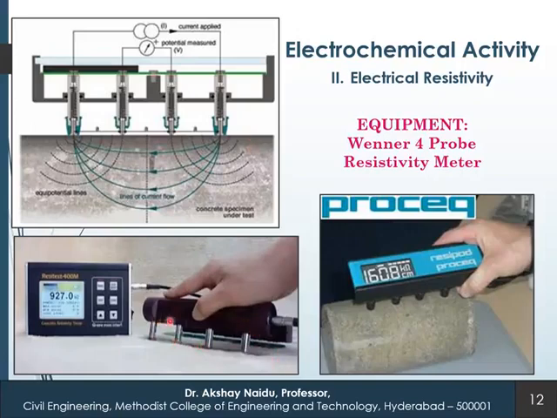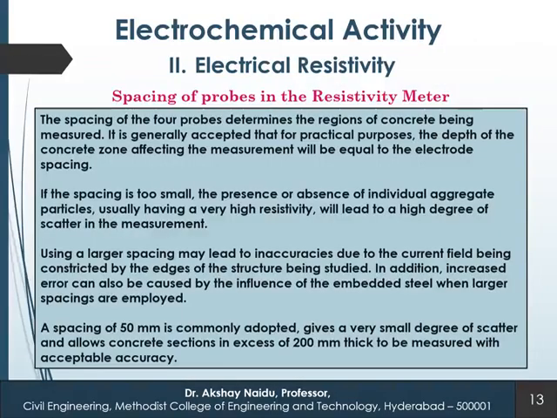They are equipment with this Werner 4 probe, connected to an external display device, and there are Werner 4 probe meters in which the display is inbuilt with the probe. So resistivity can be measured by any of these equipments.